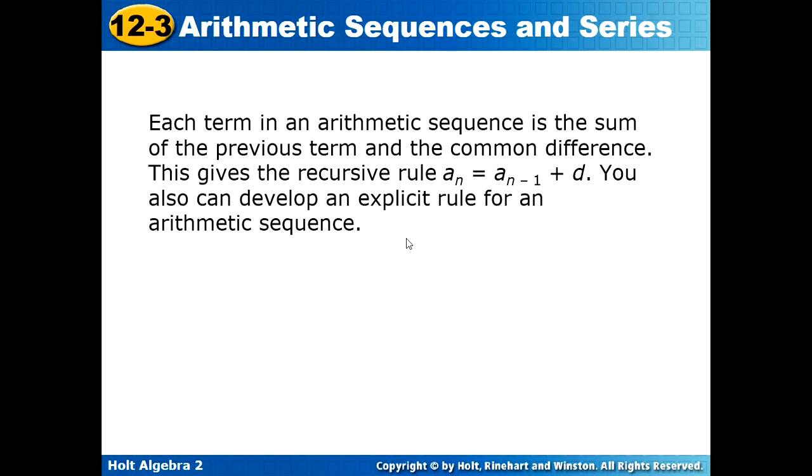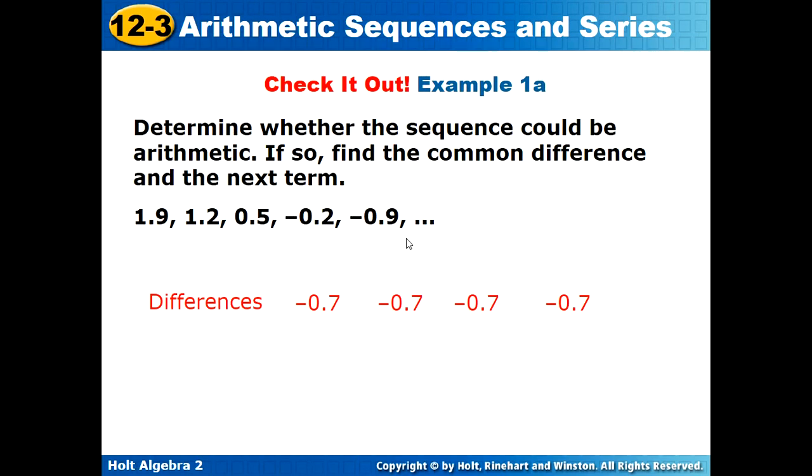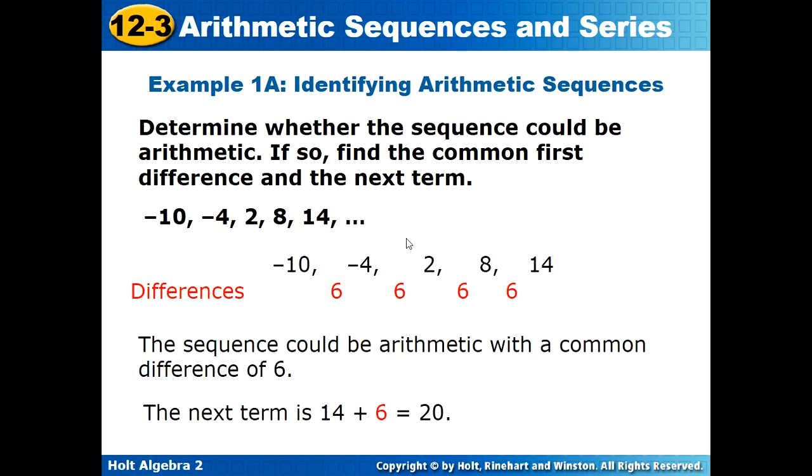If you notice from the previous one, each term in an arithmetic sequence is the sum of the previous term and the common difference. Okay? So if I went back here and looked at this one right here, notice that -4 is the previous number plus 6. 2 is -4 plus 6. 8 is 2 plus 6. 14 is 8 plus 6.